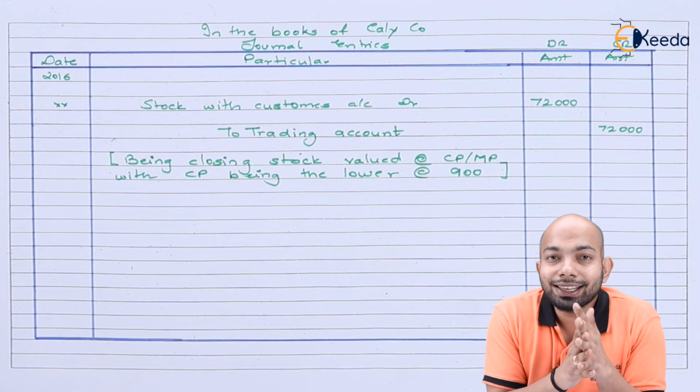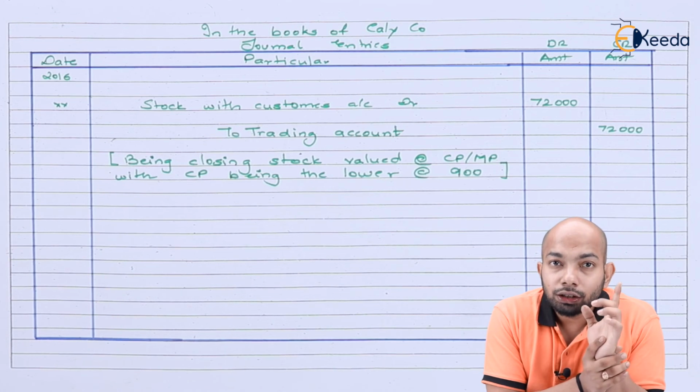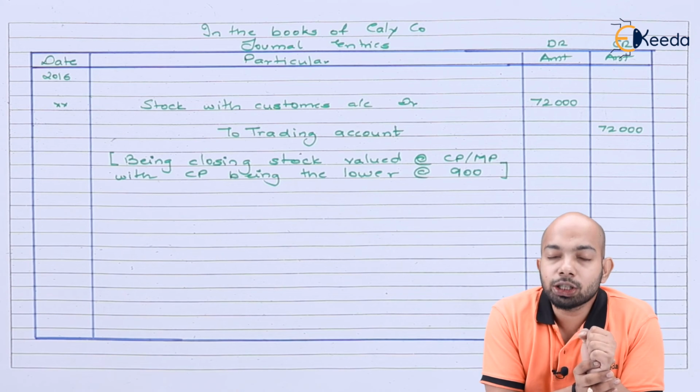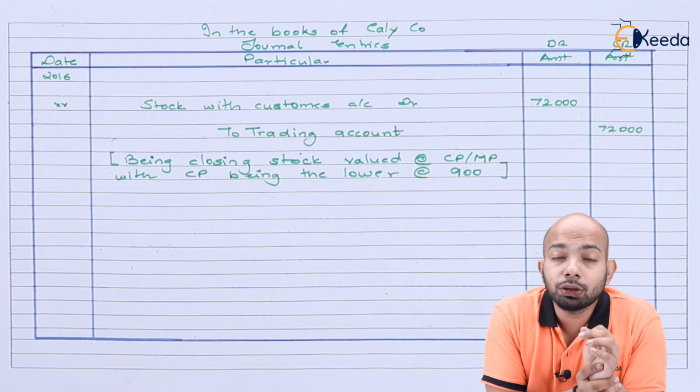The last entry here has been passed, where we've mentioned that the stock account with the customer has been debited and the trading account has been credited, the amount being 72,000.